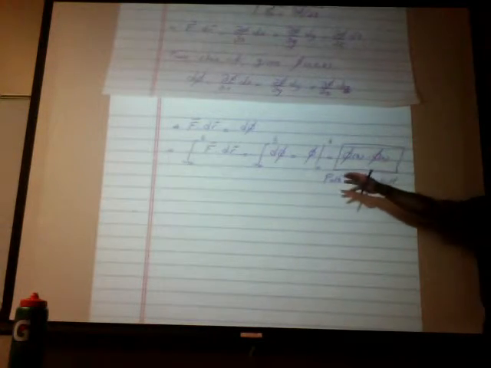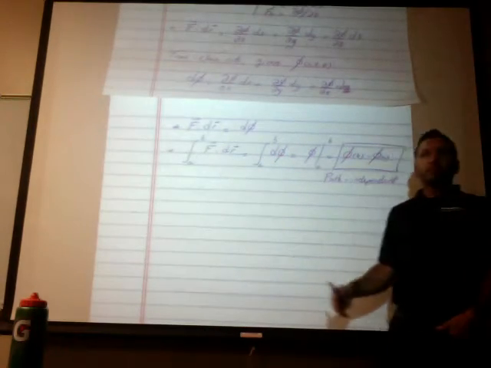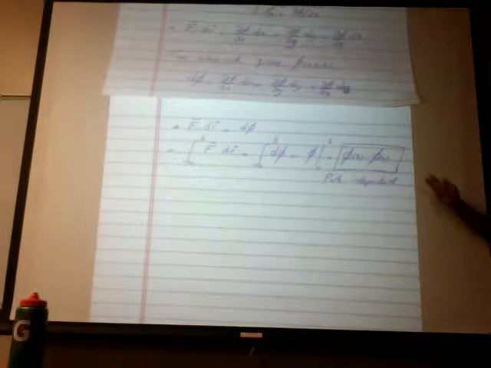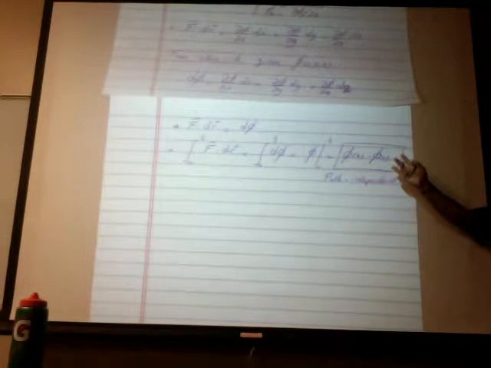Okay? So for example, in a gravitational field, the force field is basically the acceleration of gravity in the z direction, times the mass. And the gravitational potential is just the potential energy, which is mass, gravity, times elevation.